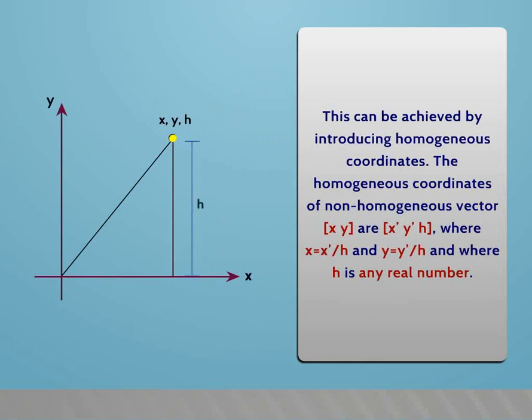The homogeneous coordinates of a non-homogeneous vector xy are x dash, y dash, h, where x is equal to x dash by h and y is equal to y dash by h, and where h is any real number.